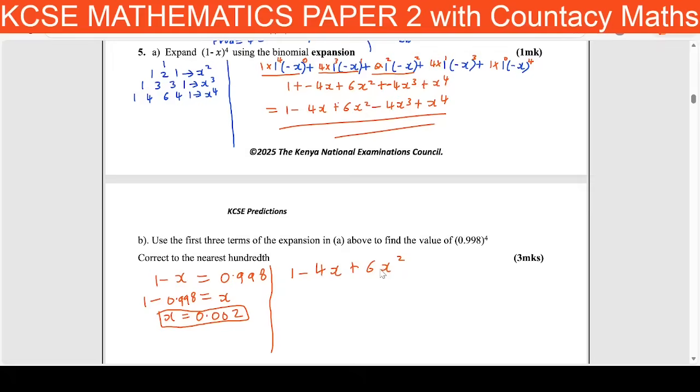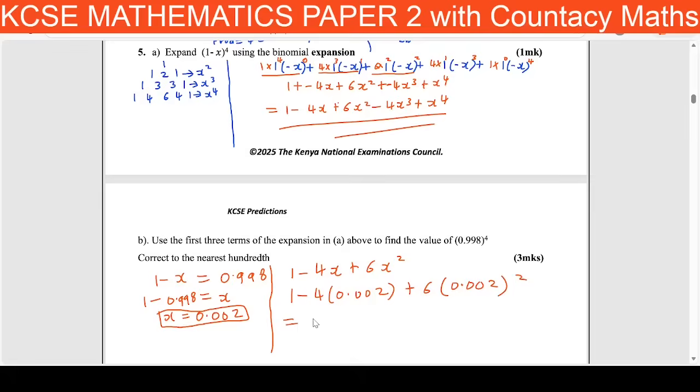So let's go ahead and try to work this out. We already have the value of x, therefore we just simply substitute. Therefore we have 4 multiplied by x, which is 0.002, plus 6 multiplied by 0.002, and that is squared.